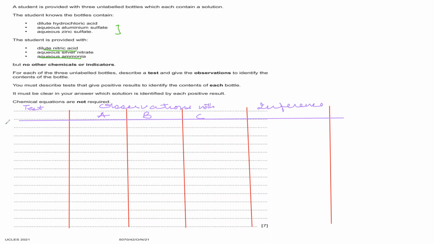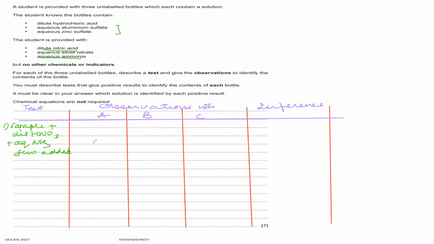So my test one is that I'll be adding to the sample, whatever the sample I have, dilute nitric acid to remove any anion which might precipitate. And then to that same solution, I'll be adding aqueous ammonia. Few drops will be added.